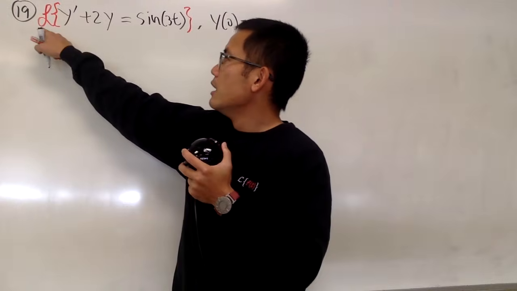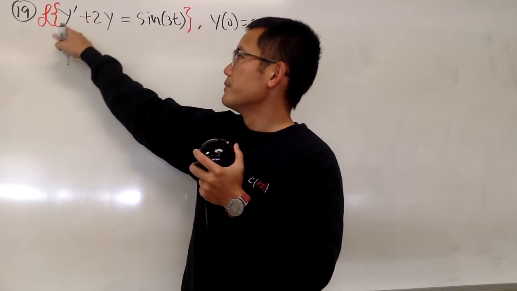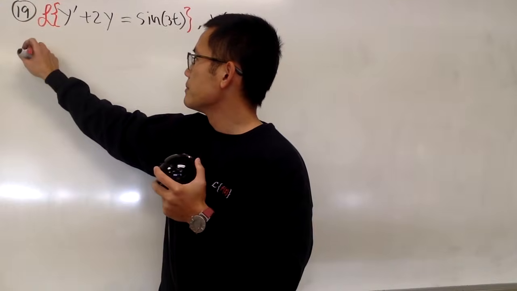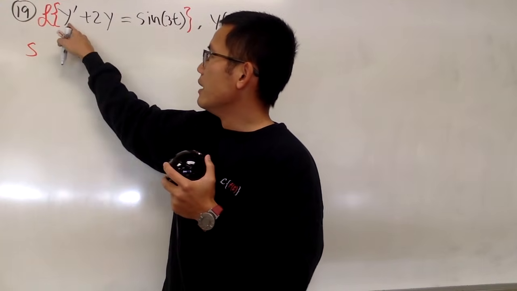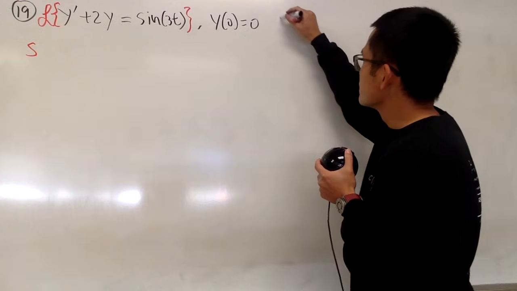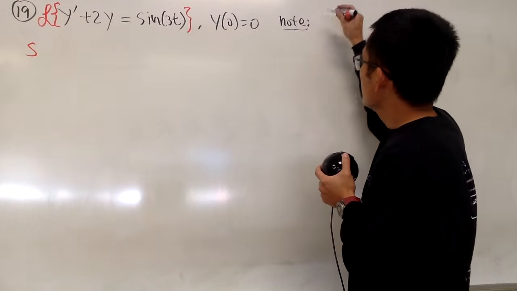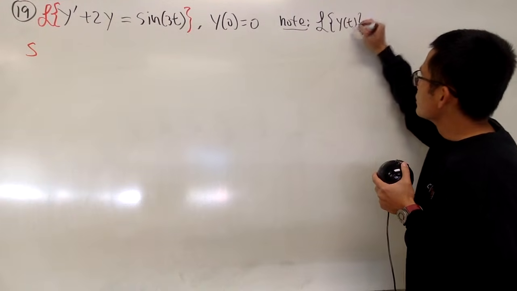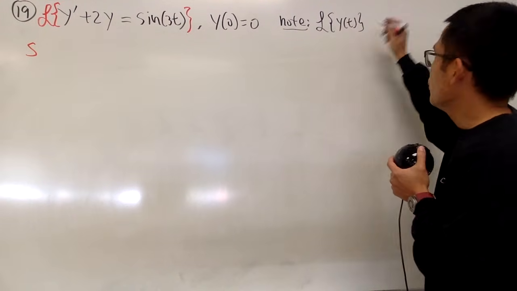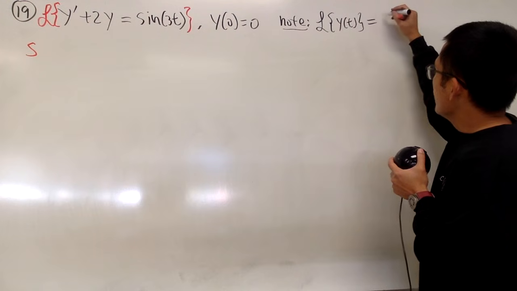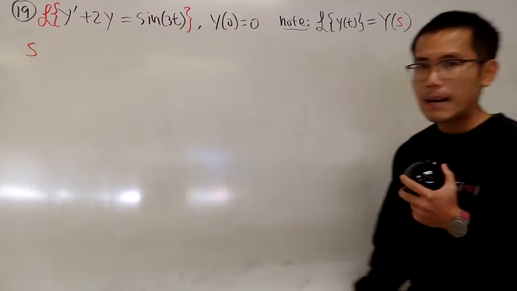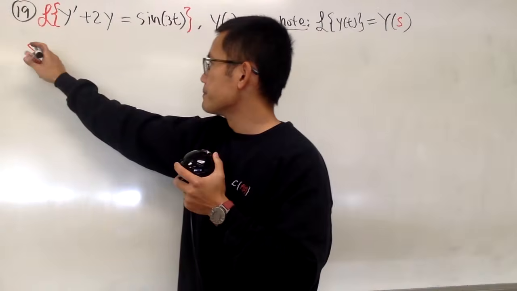First thing first, the Laplace transform of y prime is the following. You get s times, and in this case, let me just make a note right here. If we take the Laplace transform of y of t, which is just the y function in the t world, once I'm in the s world, I'll write it as capital Y of s. All right, here we go.